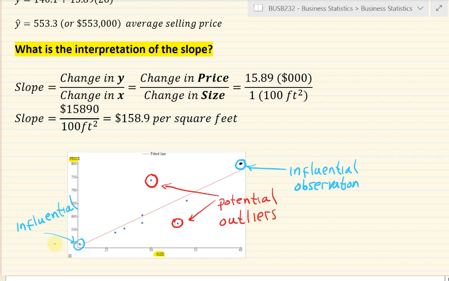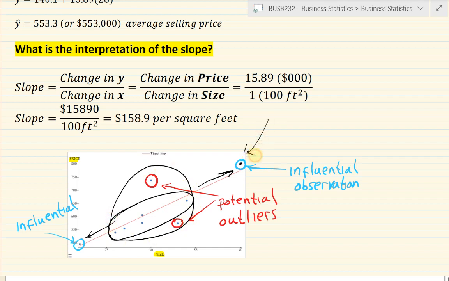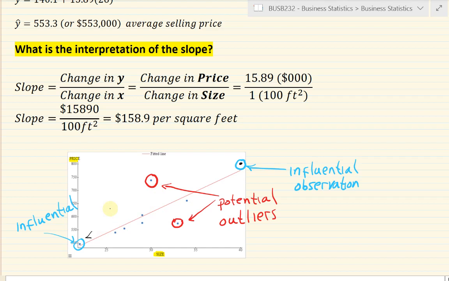And the reason why they are influential is because they lie along the regression line, on the high side and on the low side, and they are away from the rest. That's the bulk of your data, and then you have these two like an island unto themselves. Those we're going to call, in blue color, our influential observations.